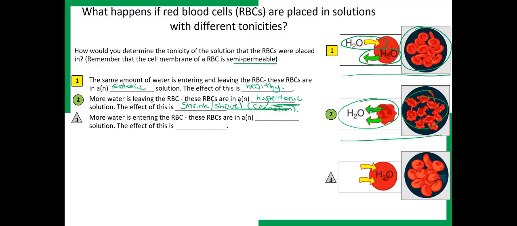In the third scenario down below, there is more water entering the red blood cells from the beaker, the solution. So I'm going to say that the solution the red blood cells are in is hypotonic, because there's more water outside in the solution compared to the red blood cells.